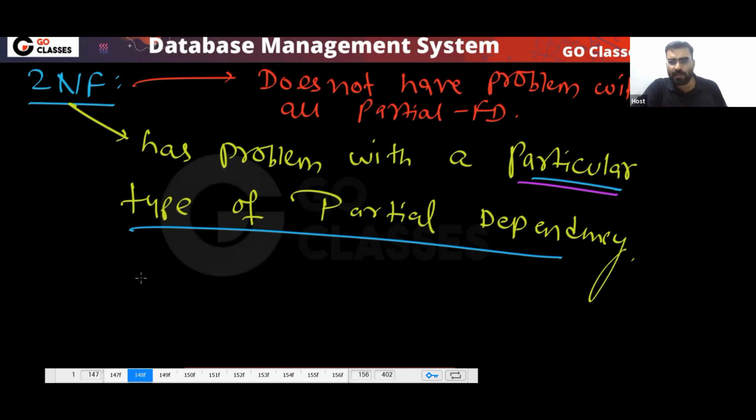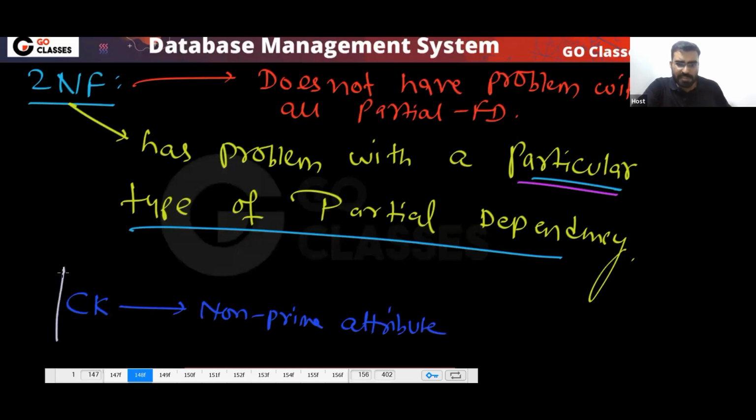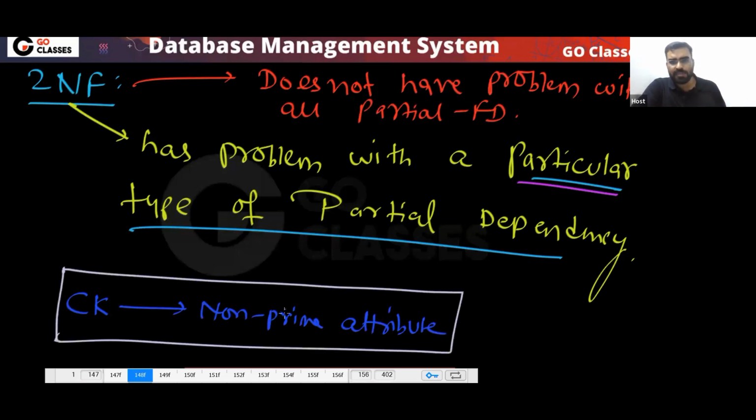Now, what is this particular type of partial dependency? Basically, a candidate key determining a non-prime attribute. If this is partial, then the relation is not in 2NF. This type of partial dependency is the problem for 2NF.